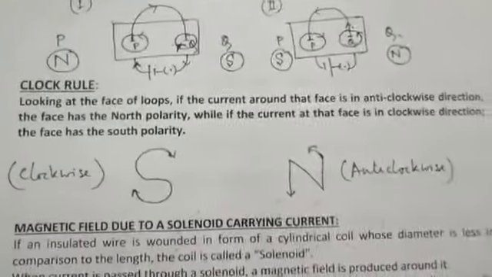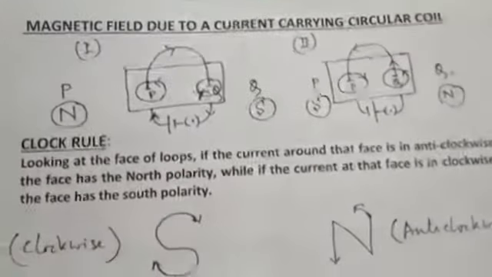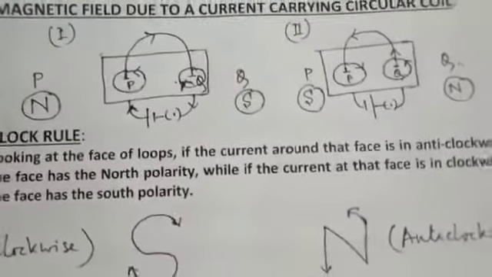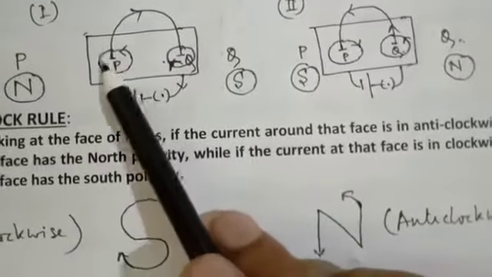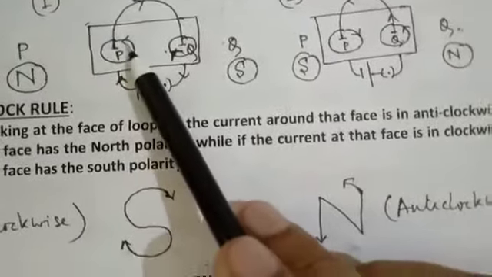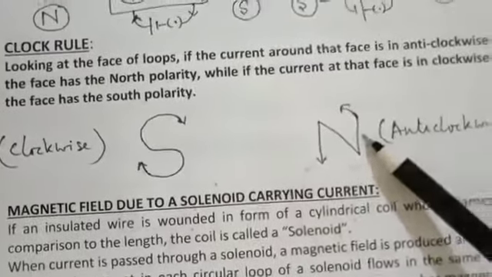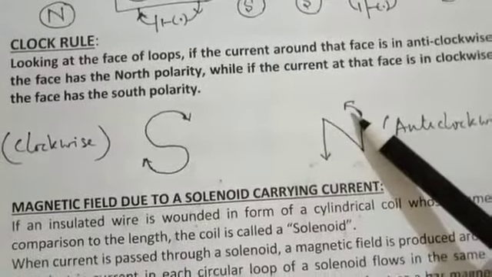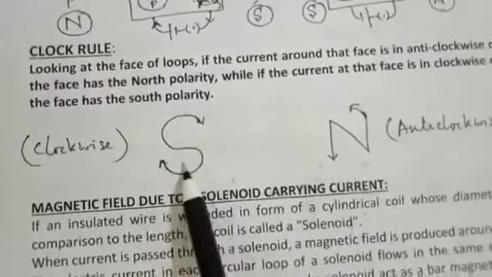Now, on the basis of this rule, if we look at diagram number 1 once more, we will find that at this end the magnetic field is anti-clockwise. The clock rule says that if it is anti-clockwise, it will have a north pole, and if it has a clockwise magnetic field, it will have a south pole.